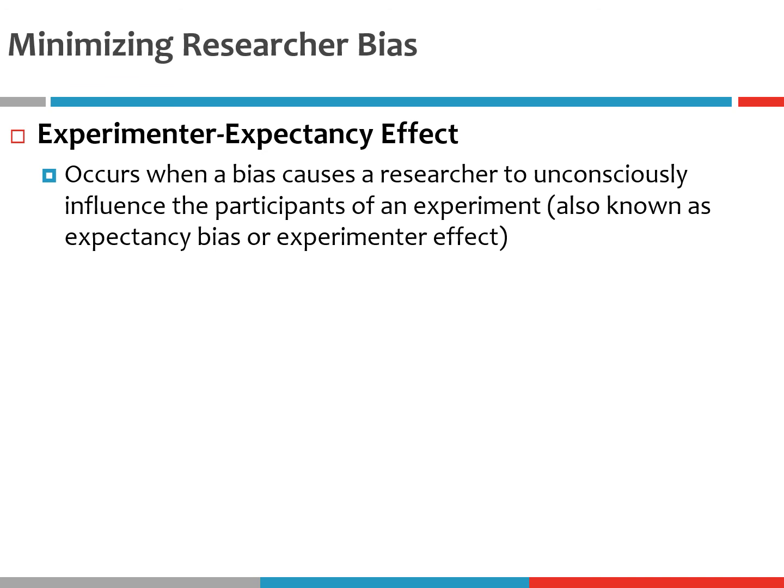And that's important. They don't even know the other condition. They had no idea that other people were getting stress management. They thought everyone was getting meditation. And thinking that eliminates any kind of bias on their part. So you want to try to eliminate bias in both directions, from the researcher's point of view and the participant's point of view.